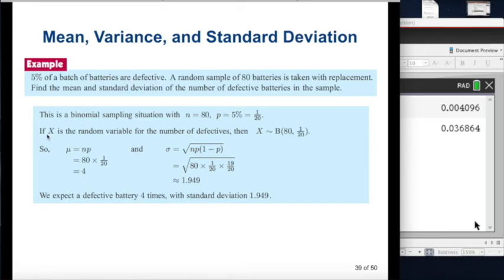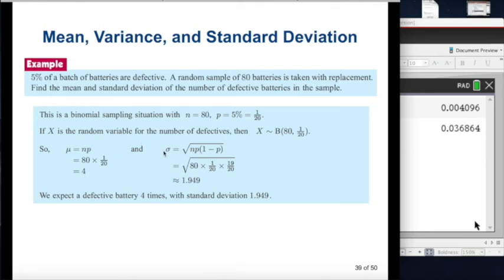So if random variable X is the number of defective batteries, then X is binomially distributed with 80 trials, and probability of success equal to 1 over 20. This is for each trial. Therefore, the mean, or mu, is equal to np, which is equal to 80 times 1 over 20, which is equal to 4.